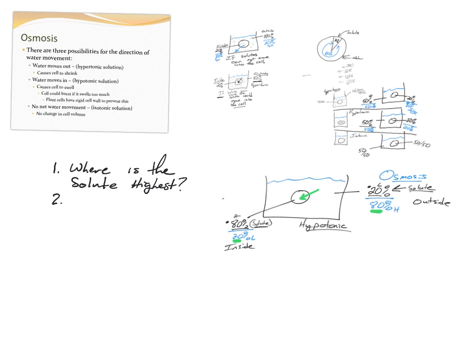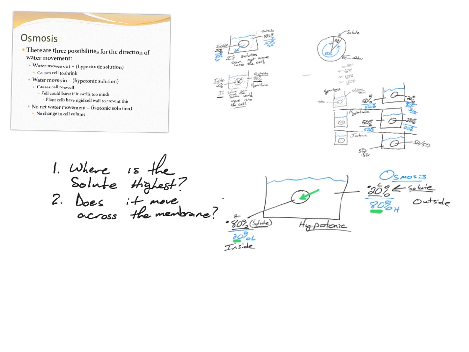Question two, and you could ask one or two in whatever order you want, is: does it move across the membrane? That's the other question, because some things will move quickly across the membrane and some things won't.